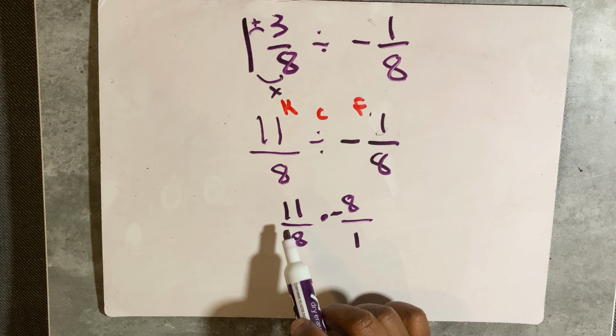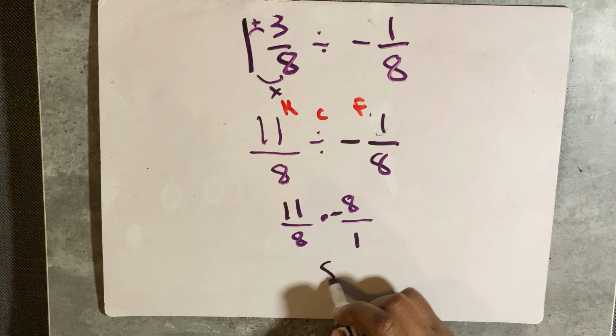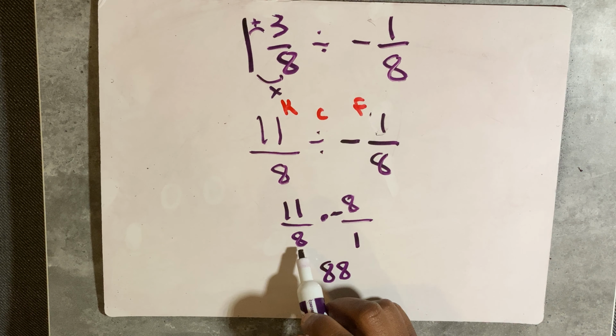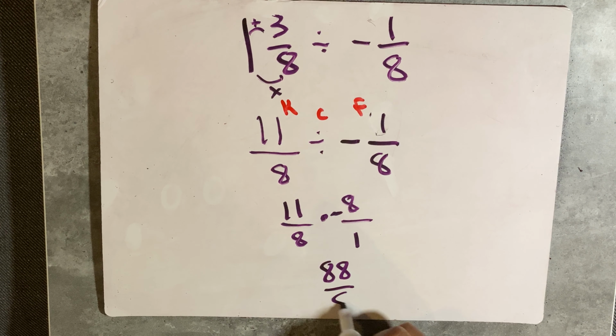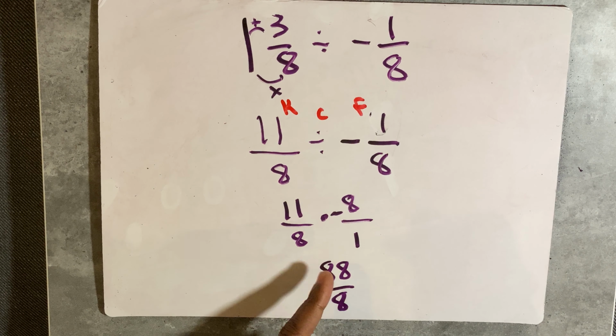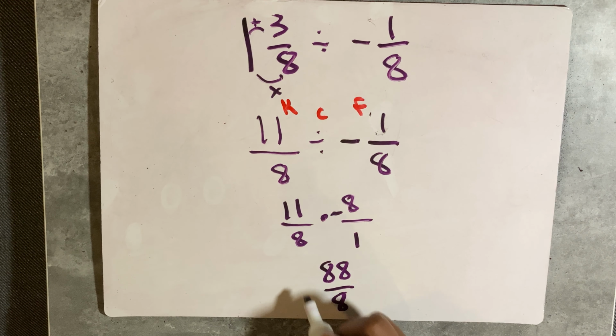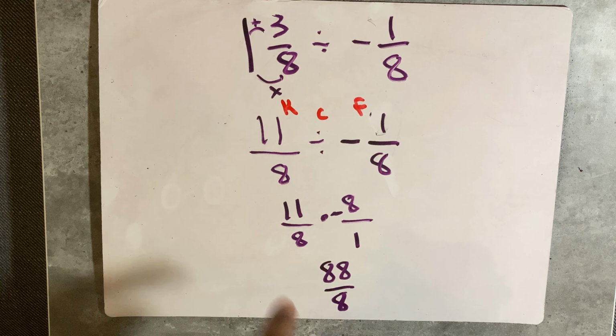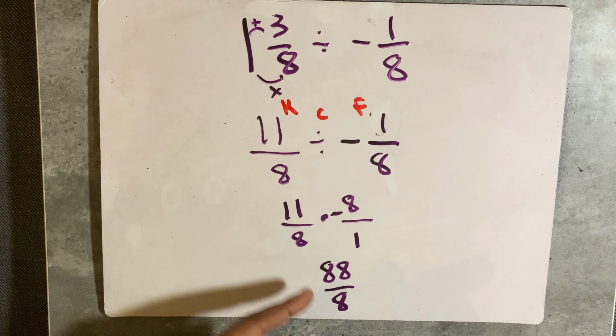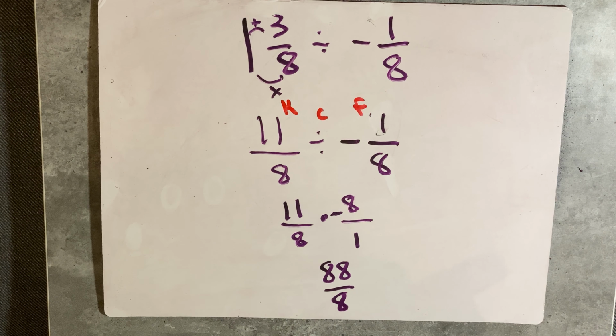Okay. 11 times 8 is 88, and 8 times 1 is 8. Now, you see all these 8s? You need to make sure you are simplifying. This is not something I would accept from my 8th graders. Ever. My 8th graders know if I see this as an answer, it's wrong, because you can simplify this.